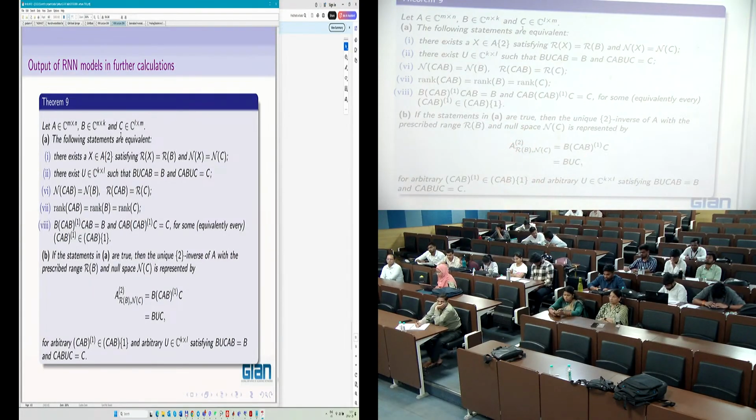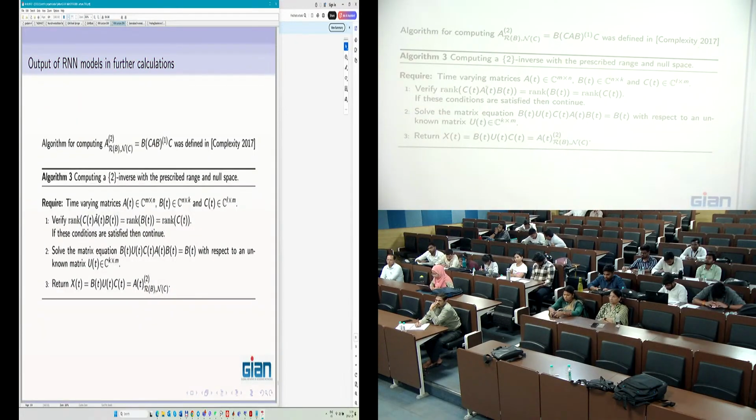two equations, you can solve both equations to verify. It is necessary first to verify the rank equalities; otherwise the equations are not satisfied.